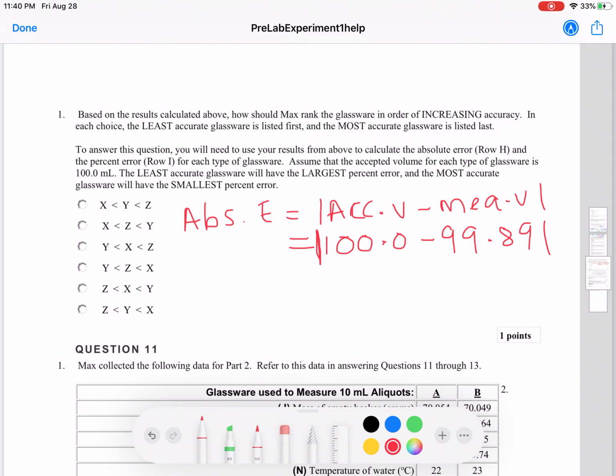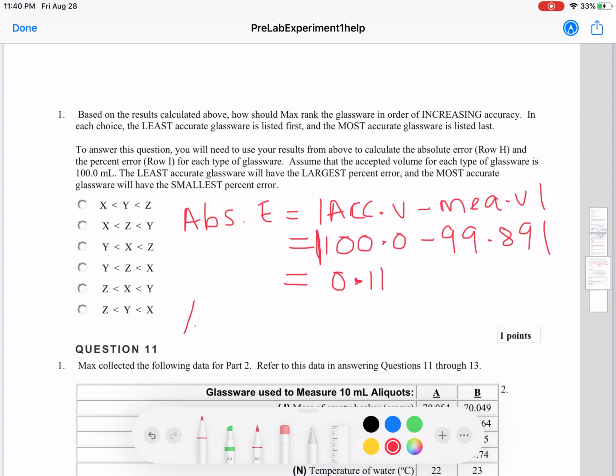I can do this in my head, but I don't want to take a chance. Let me go ahead and do it. 100 minus 99.89 is 0.11. That's correct. It is positive in this case, but even if you get a negative one, the 2 bars represent that you always have to take a positive value. So the absolute error is going to be 0.11.